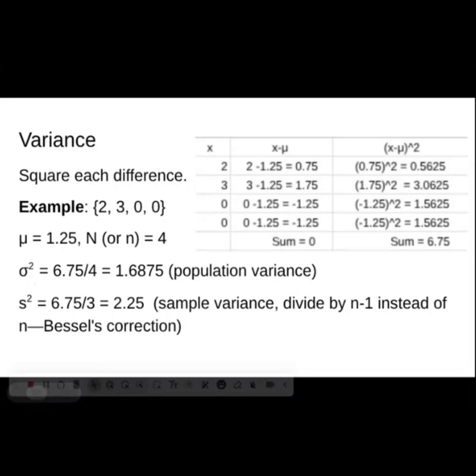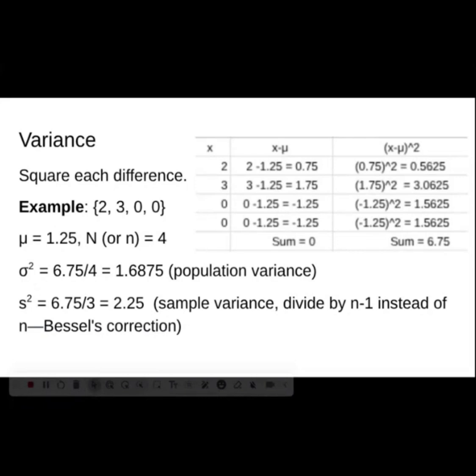For a sample, again we use a different symbol, s squared instead of sigma squared. But for variance, not only is the symbol different, but the formula is also different. Now you can understand why we need different symbols for a population and a sample, because in this case it's an entirely different formula.